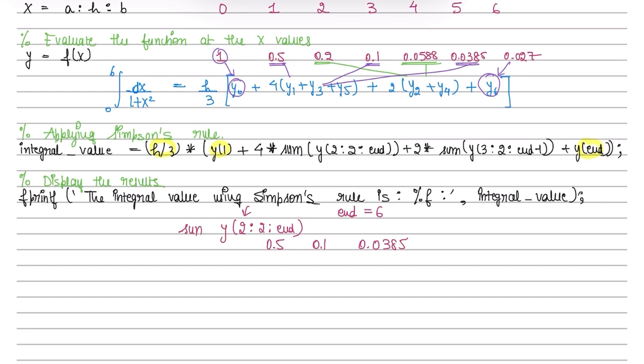And if we put the sum in front of it, it will simply add these values. Similarly, when we use y of 3 colon 2 colon end minus 1, it will go to index 3, which is 0.2, and with the increment of 2, the next value is 0.0588, and if we add the sum in front of it, it will add these values.